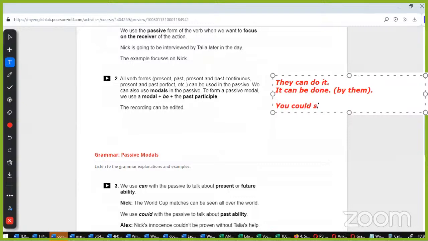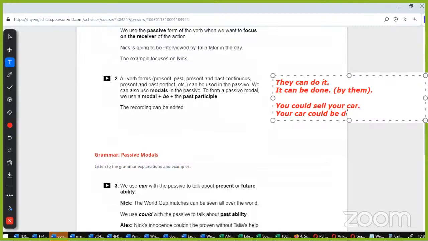Let's do that. You could sell your car. How would you transform that into passive voice? Your car could be sold.